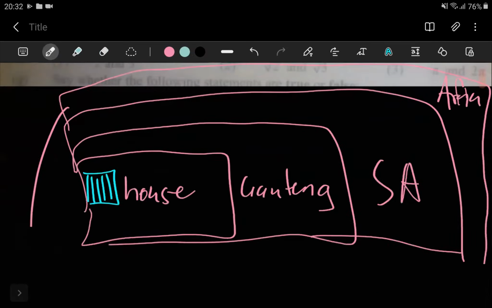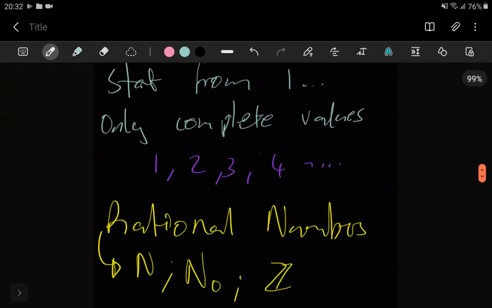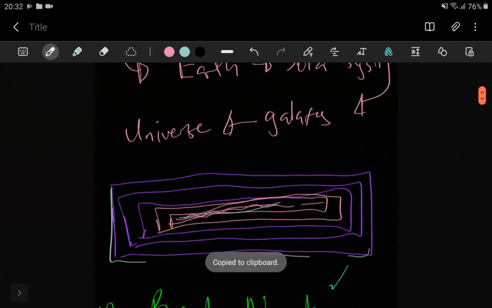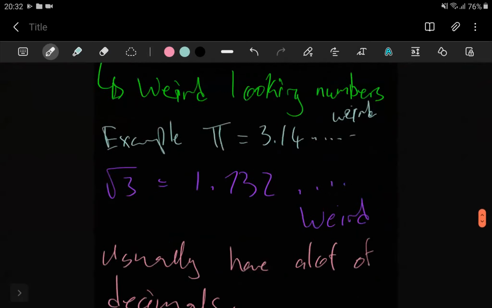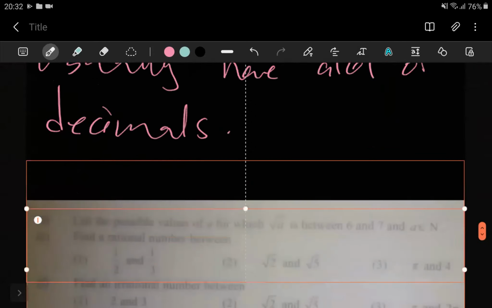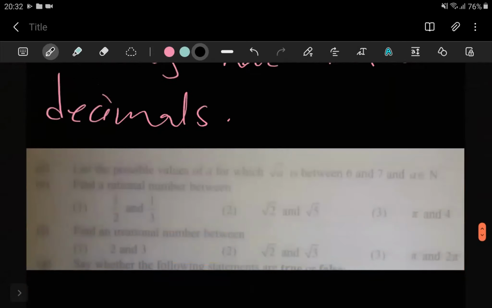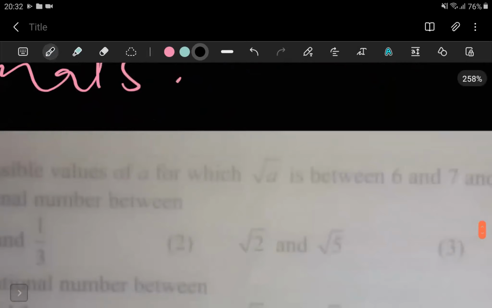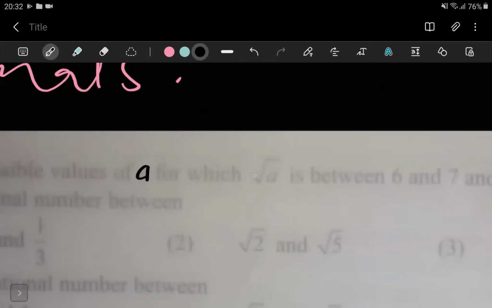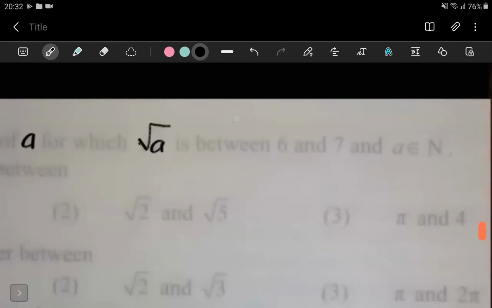Let me copy this so we don't keep scrolling back upwards. Whenever you work with questions, never think that you only need to read the question once. You can read it as many times as you need to, until you understand what they want you to do.